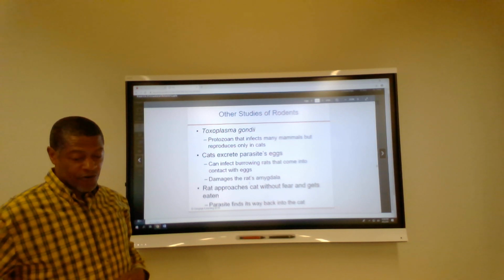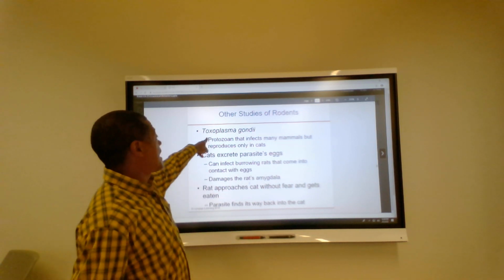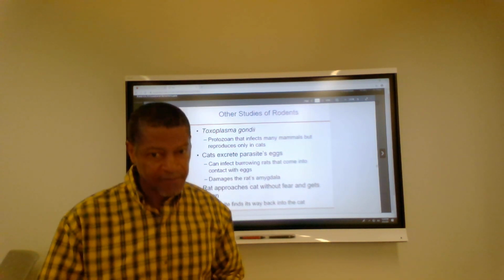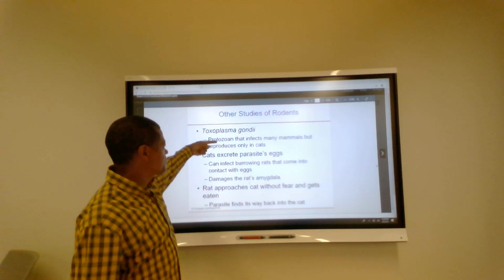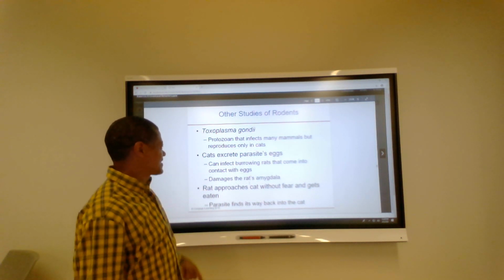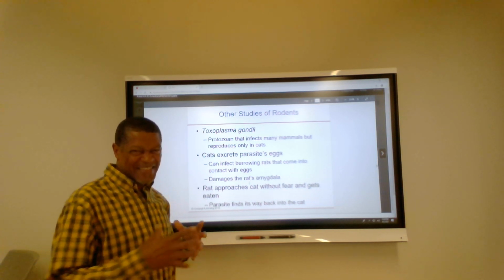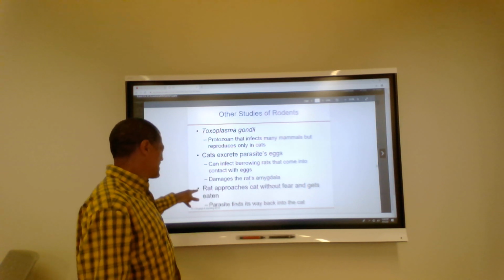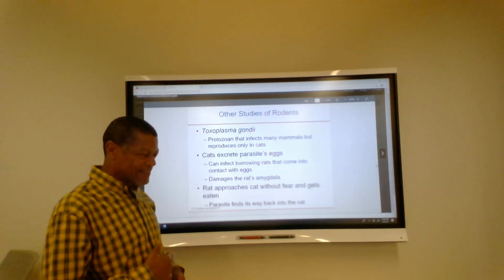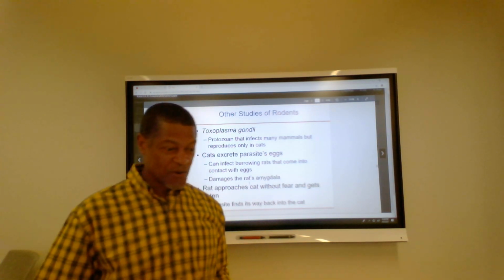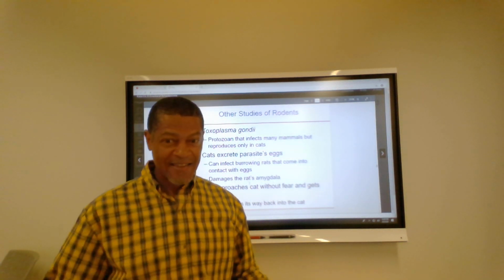Something you may not have heard of is something called Toxoplasma gondii. It's a virus coming from a rat, a cat. You can read up on this, but it's like a parasite that's in the eggs, and then it gets into the rat, and it creates a situation where it makes a rat and a cat be enemies.